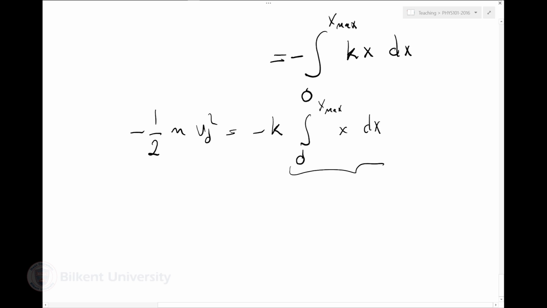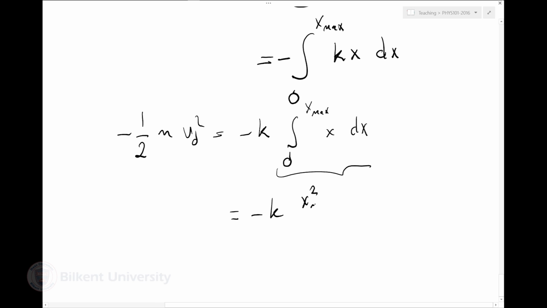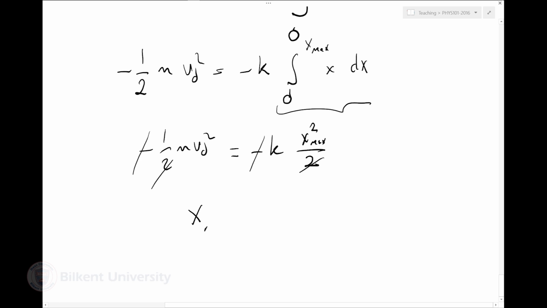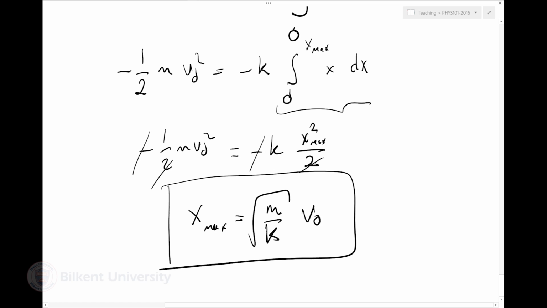So it's going to be minus k x max squared over 2 is minus 1/2 m v0 squared. Minus is cancelled, factors of 2 cancelled, so x max is the square root of m over k times v0. So that's the maximum compression of the spring.